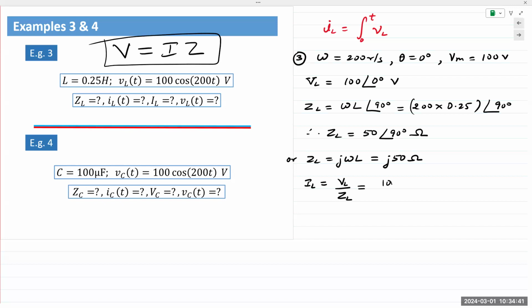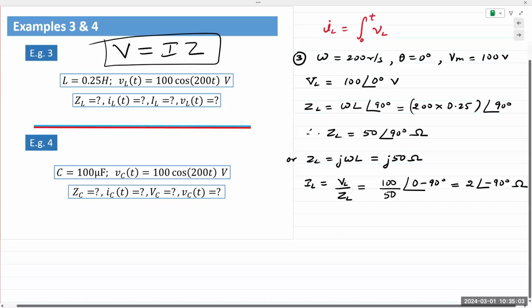VL is 100 divided by 50. So I'm dividing the magnitudes, and then the phase angles get subtracted. So 0 minus 90 degrees. So it becomes 2 with an angle of minus 90.